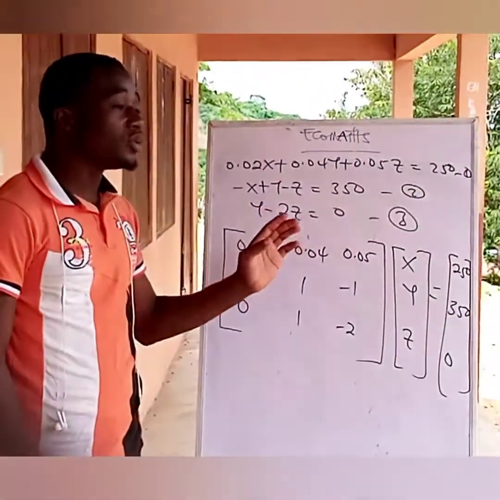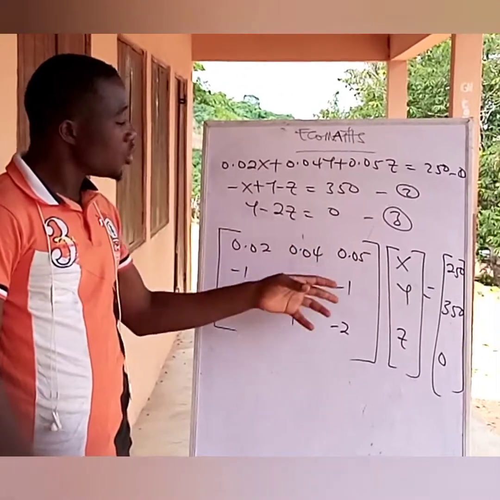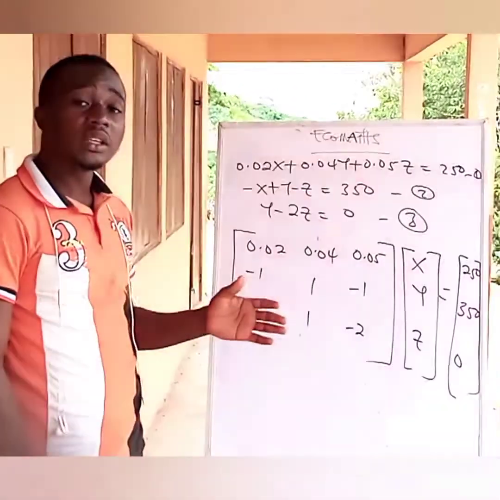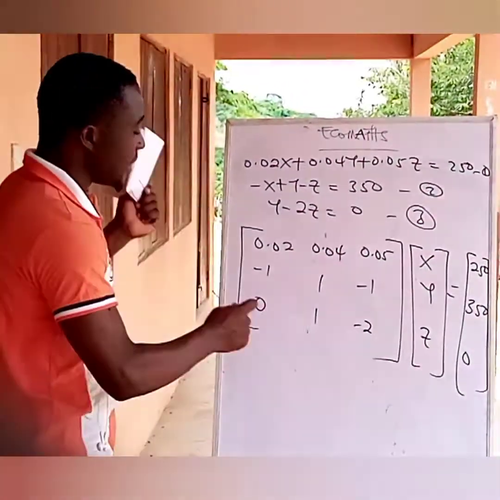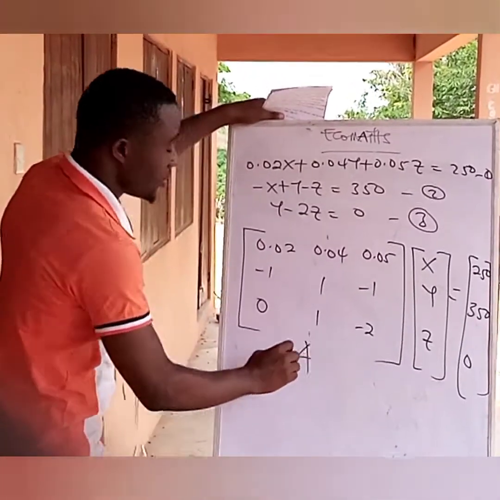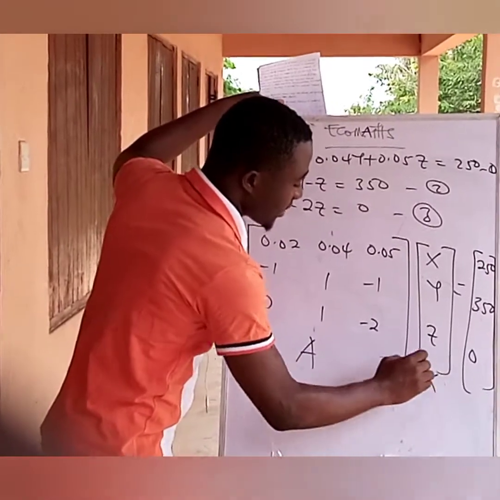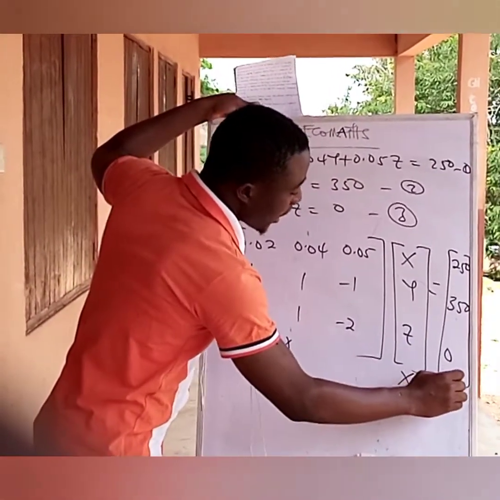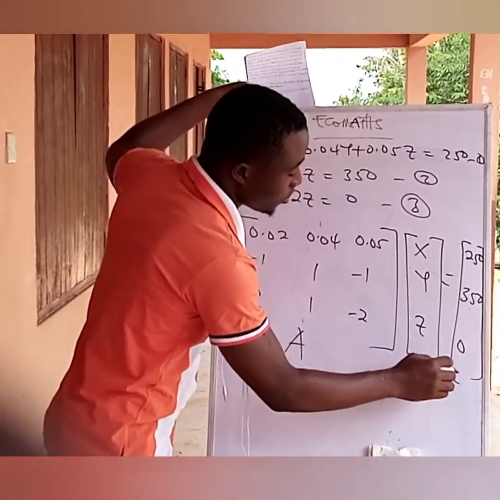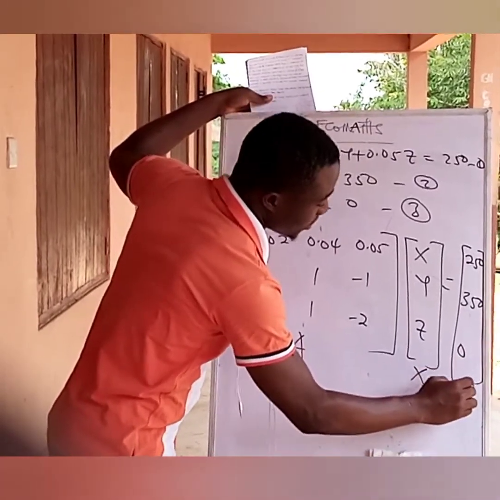So the next thing to do is to solve this using the inverse approach. Remember that this matrix is matrix A, which is the coefficient matrix. You have a column vector, which is X, and then we have our column vector, which is also called a constant matrix, as B.